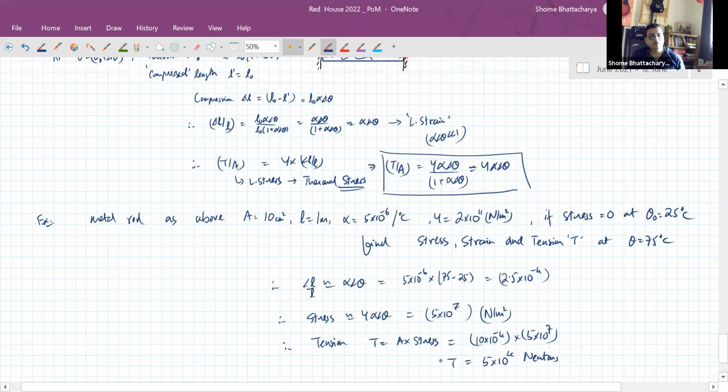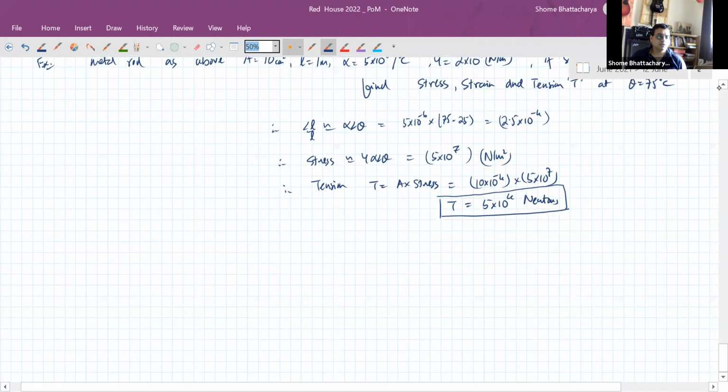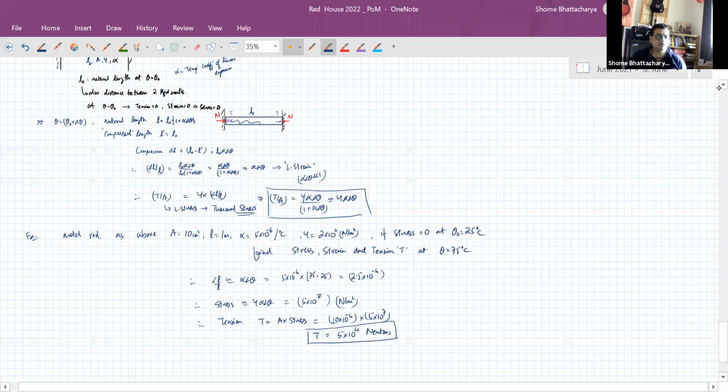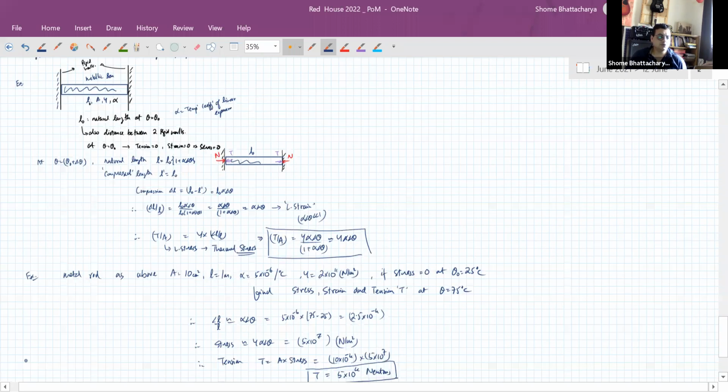So it's a pretty high amount of tension, like the weight of a 5,000 kg block, something in that kind of approximate range. So thermal stress can be something pretty significant, especially for thick rods. Like 10 centimeters square is quite a large cross-sectional area as far as a metallic rod is concerned. So thermal stress can create quite a large amount of tension.